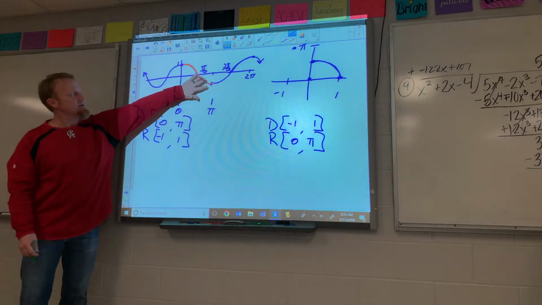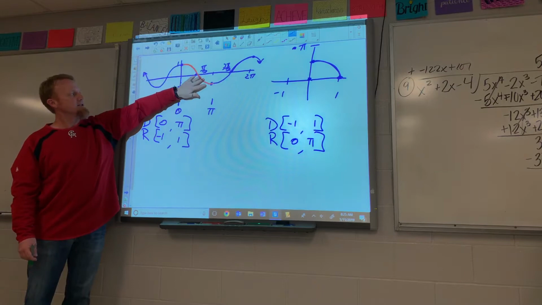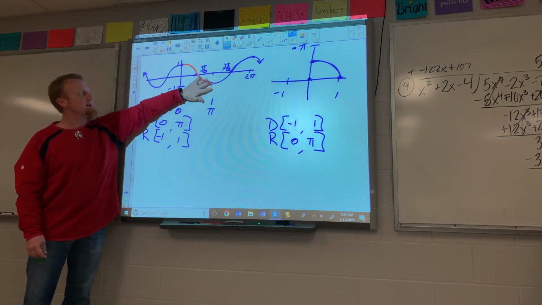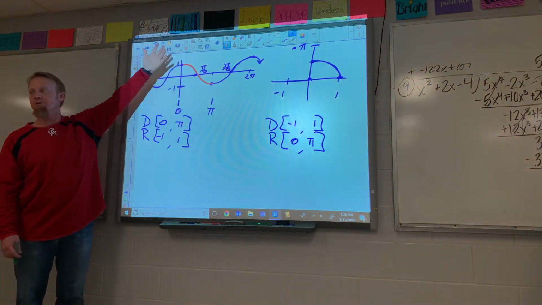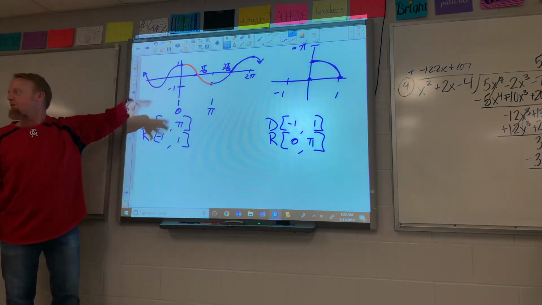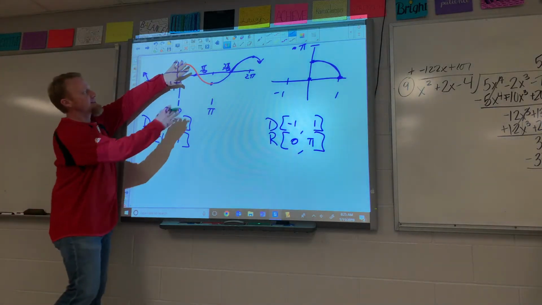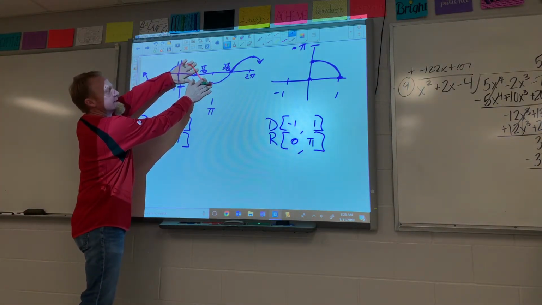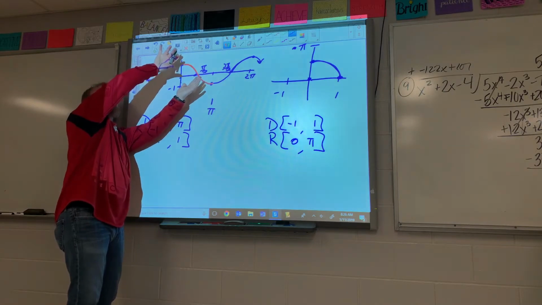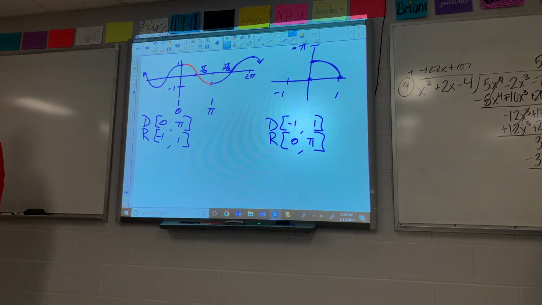Okay? And then this other piece is what flips over here. So when I flip it over here, does the curve change? Is it still on the bottom, or does it flip over to the top whenever I do that? Can you guys visualize that? If this was a sheet of paper, and I took it and flipped it over, would the curve still look the same, or would it change?